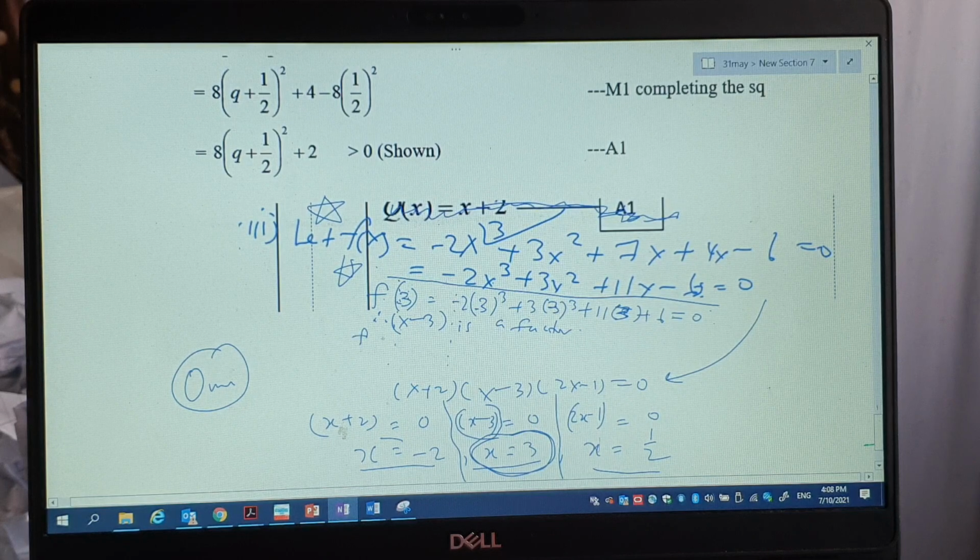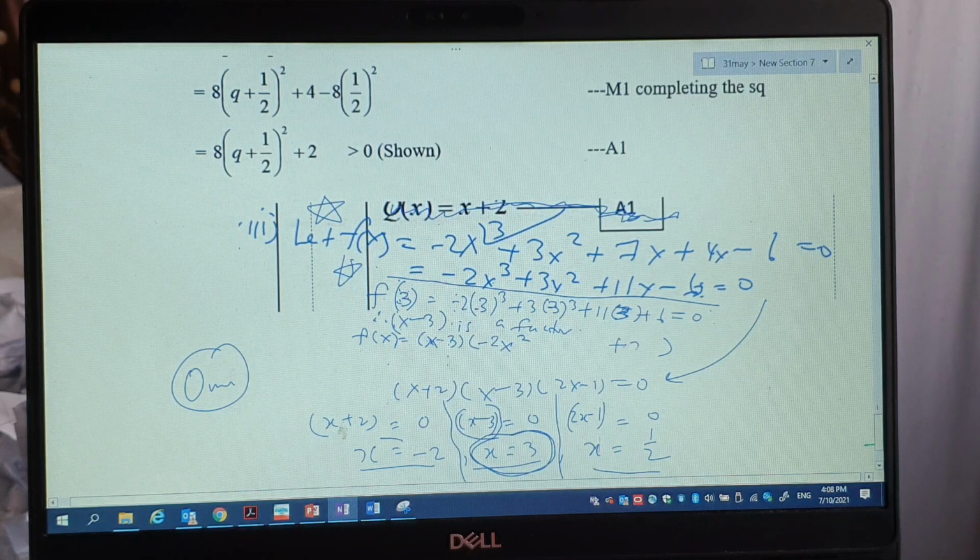Now you can say that f(x) equals x minus 3, and then you can do your compare coefficients. So what times what will give you minus 2x cubed? It must be minus 2x squared. Then what times minus 3 will give you the number here?